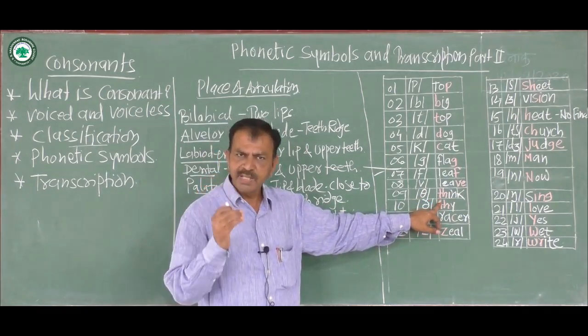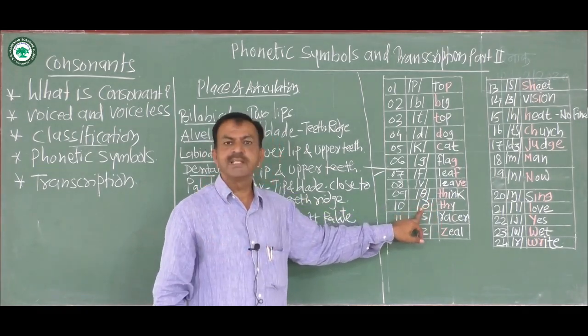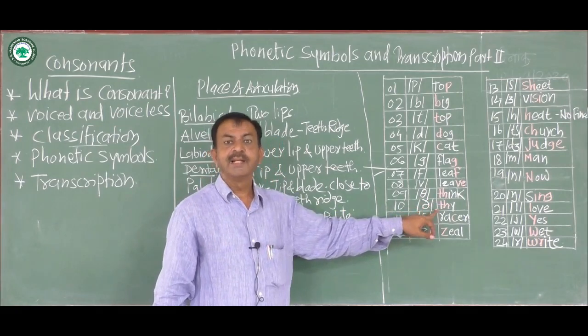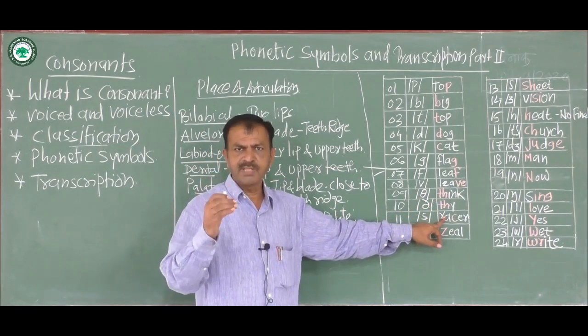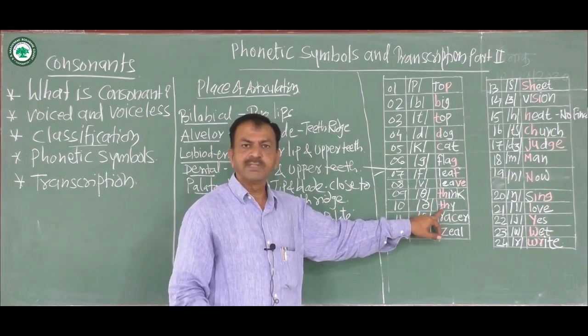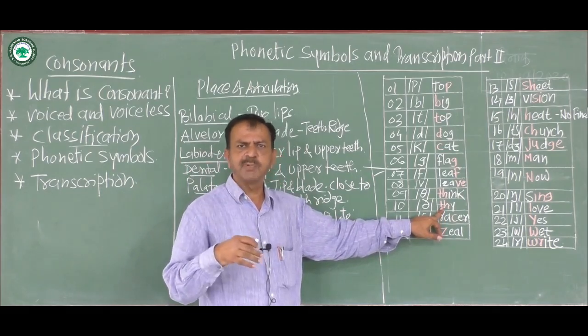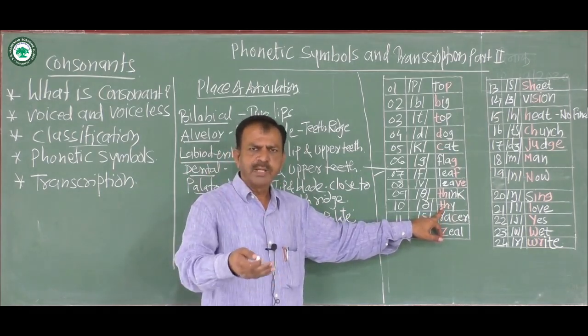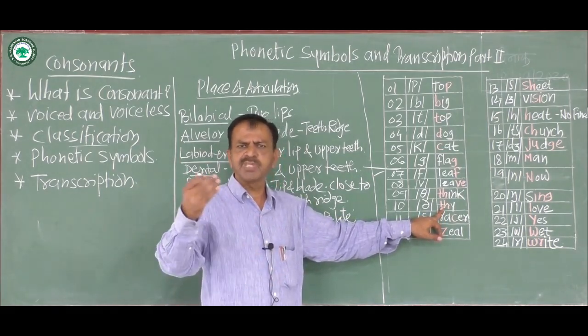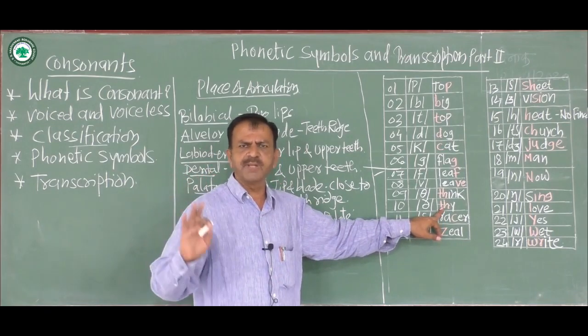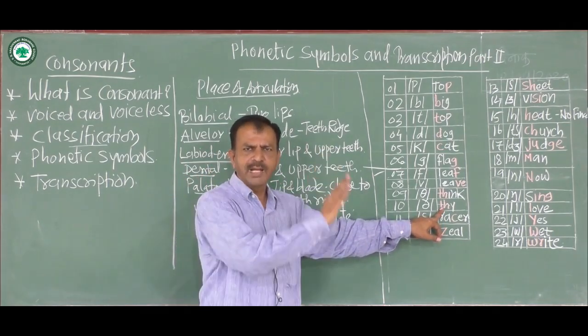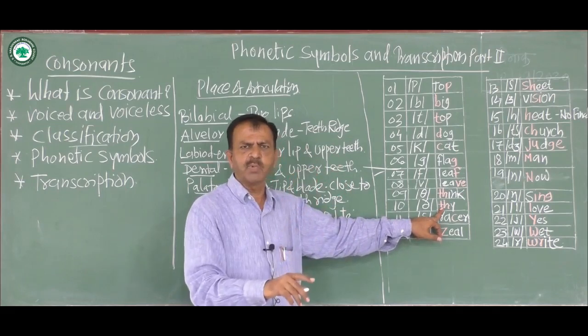Th comes at the initial position. This is the, as in die. The comes at the initial position. The sound can take initial position, middle position, or the final position. Here I give you one example only.